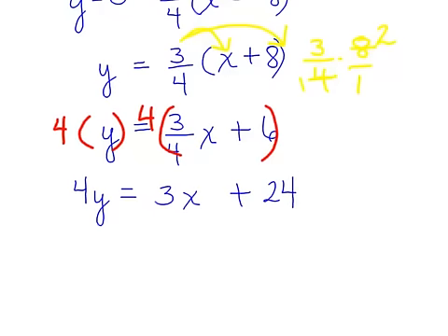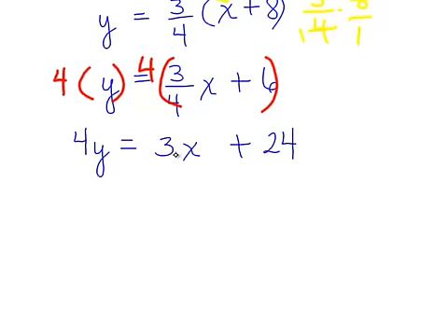Okay, I don't have any fractions, but for standard form, I'm going to get my x over here on the left. So I will subtract 3x from both sides. So when it comes over here, that would be negative 3x plus 4y equal 24. Now, one little minor thing. We don't like our x to be negative. So I'm going to multiply everything by negative 1.